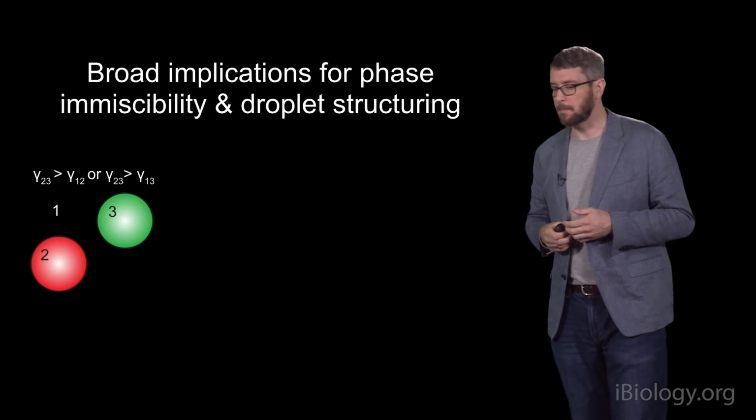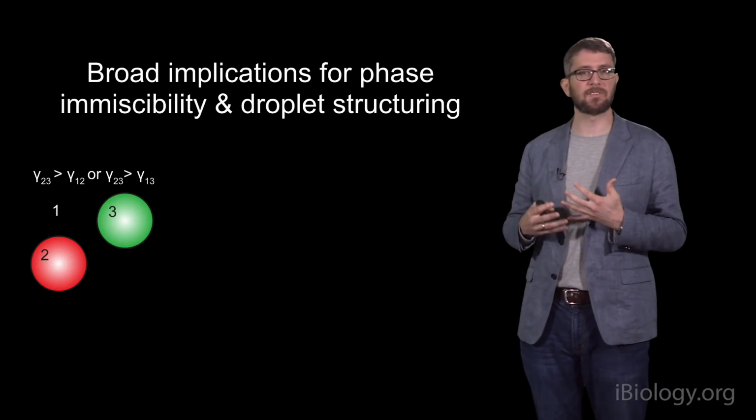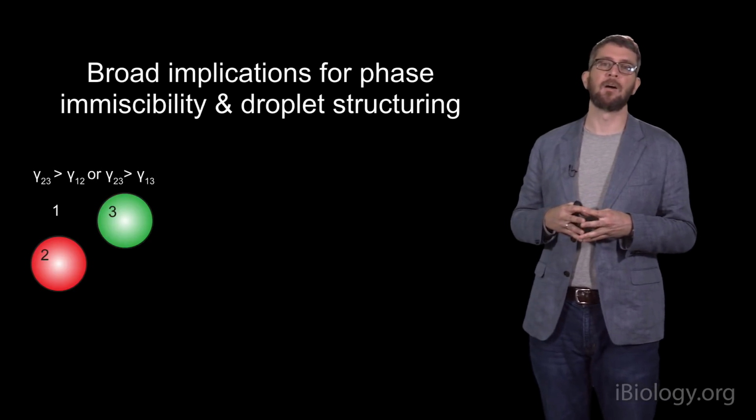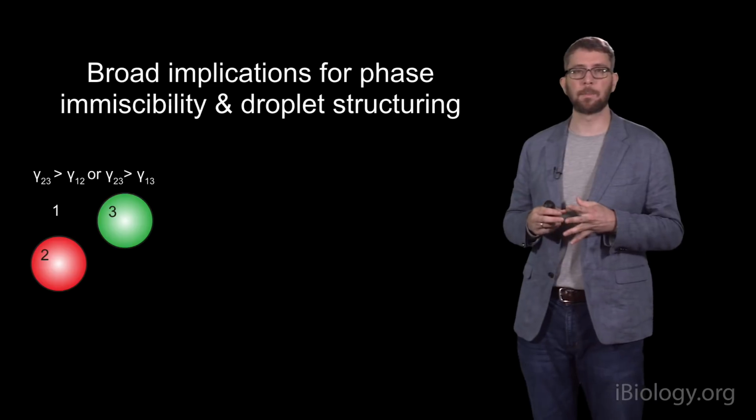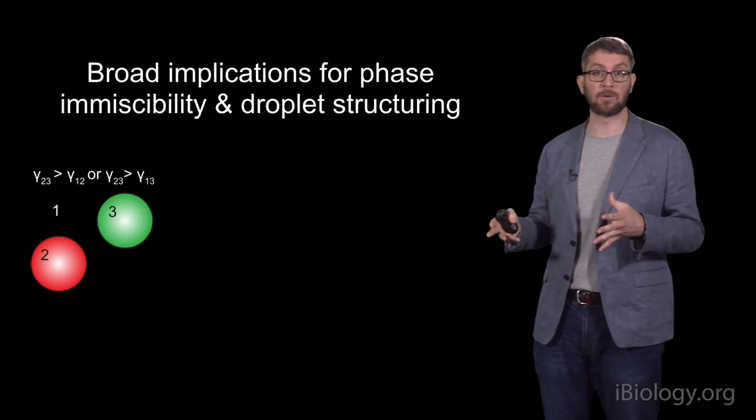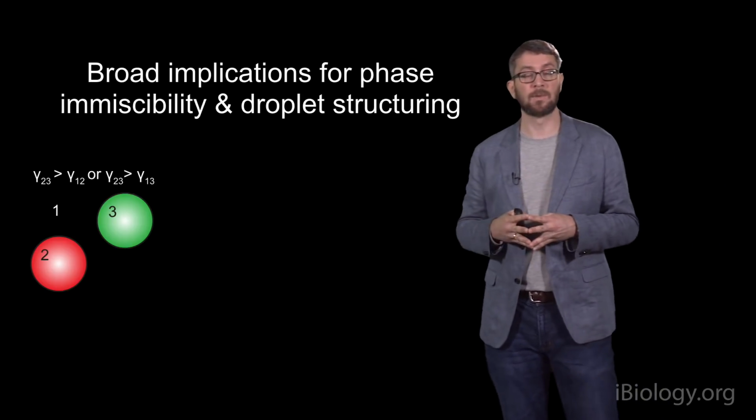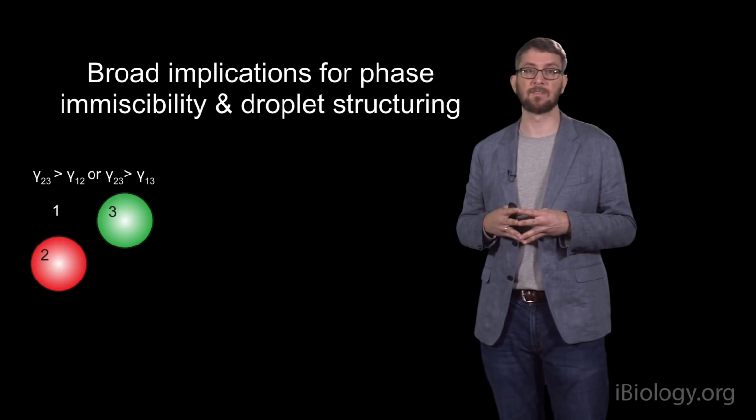And so this idea of surface tension structuring of multi-phase liquids has implications, I think, much beyond the nucleolus, which is the system we've been studying to elucidate these ideas.